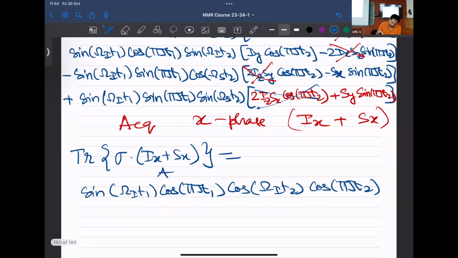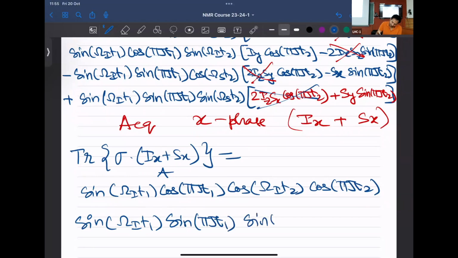Then the other term that you have here, sine omega I t1 sine pi J t1 sine omega S t2 sine pi J t2.